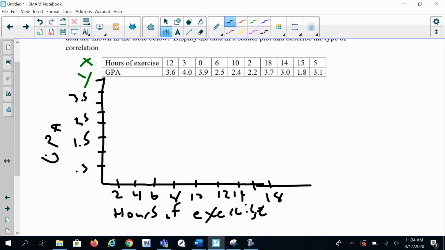Plot these really quick. 12, 3.6 is right about here. 3, 4.0, right about here. 0, 2.5 is right here. See, it's on the axes. Sorry, 3, 3.9, my fault. Okay, so 3, 3.9.